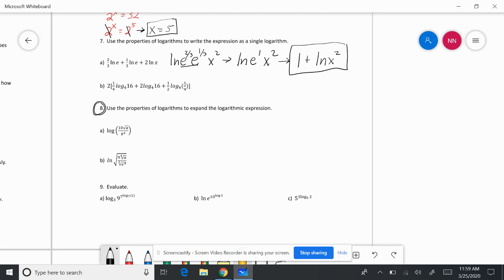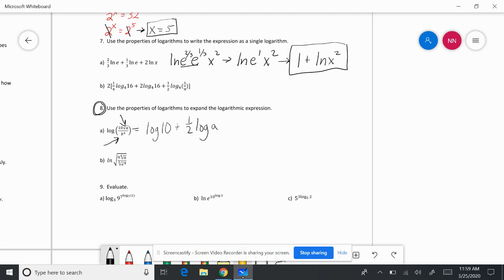Number 8 is the converse. What we're doing is expanding it, so we're writing a log for each of them. Log of 10 plus 1/2, because that right there is a square root, log of a.